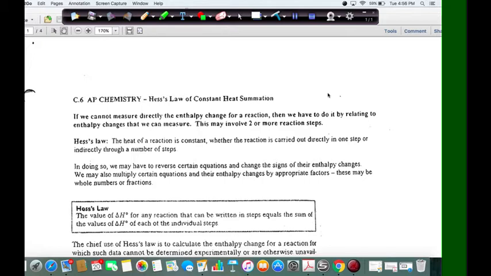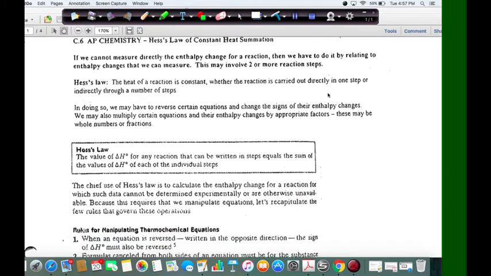So Hess's law states that the heat of a reaction is constant, whether the reaction is carried out directly in one step or indirectly through a number of steps. Sometimes when we're combining equations to use Hess's law, we have to flip the equation around. Sometimes we have to multiply by a coefficient. I'll just show you through some examples how it all works out.